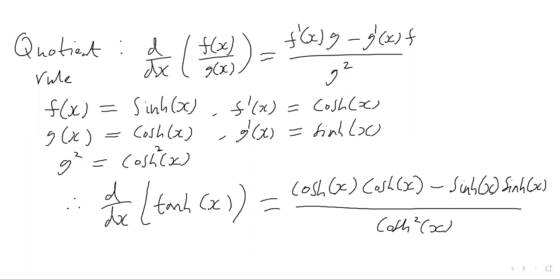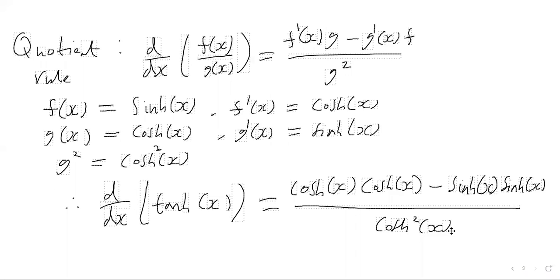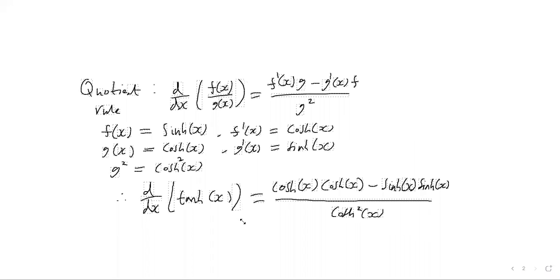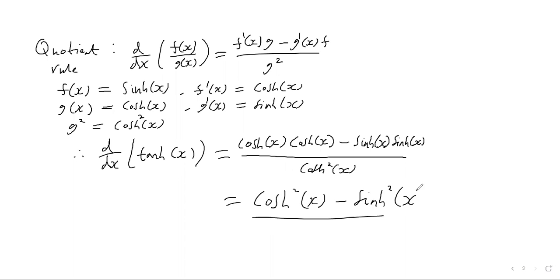So obviously we can simplify the top of that numerator, so cosh times cosh is cosh squared, and sinh times sinh is sinh squared. So we're going to get hyperbolic cos squared, subtract hyperbolic sine squared, all over hyperbolic cos squared.